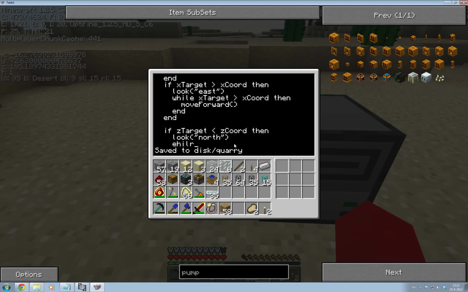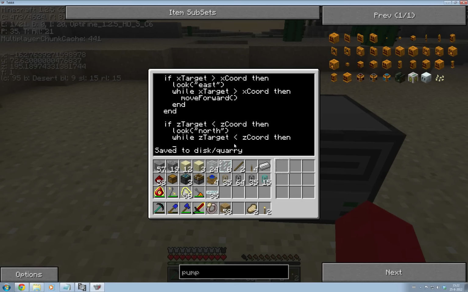And once we're looking north, then we'll go while z target is smaller than z coord, then move forward.